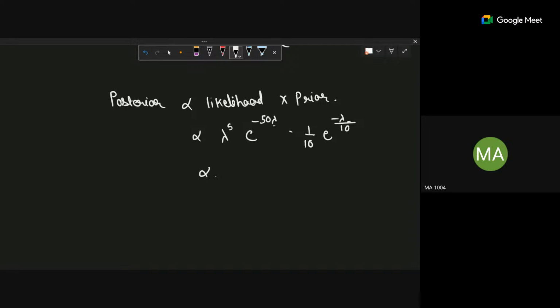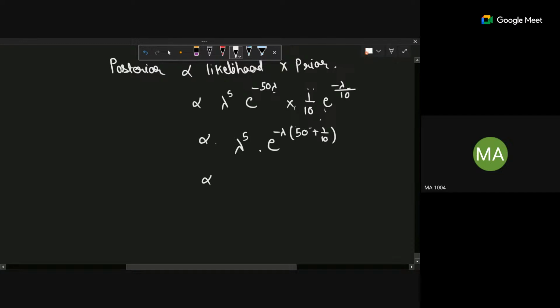Again, the constant part is directly proportional, so we can remove it, because the calculation is about proportionality. Lambda is for 5, and here it will be minus lambda common, with 50 plus 1 by 10, right?